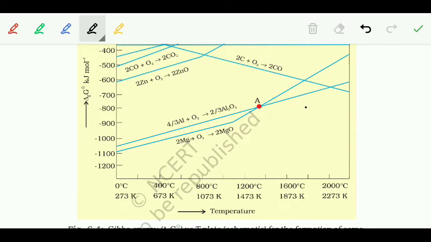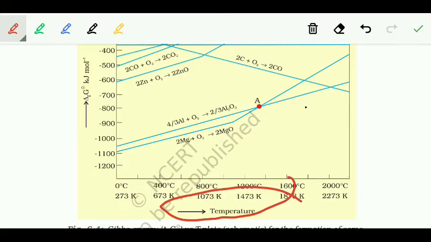Here several points must be noted down. The first point, on the y-axis you have delta G. You must remember the unit of delta G, that is kilojoule per mole, and on the x-axis you have temperature.